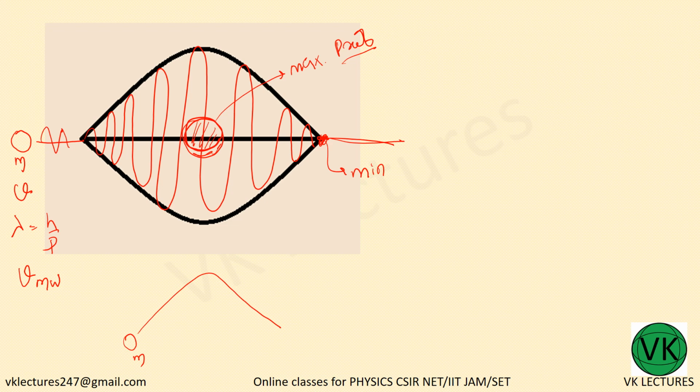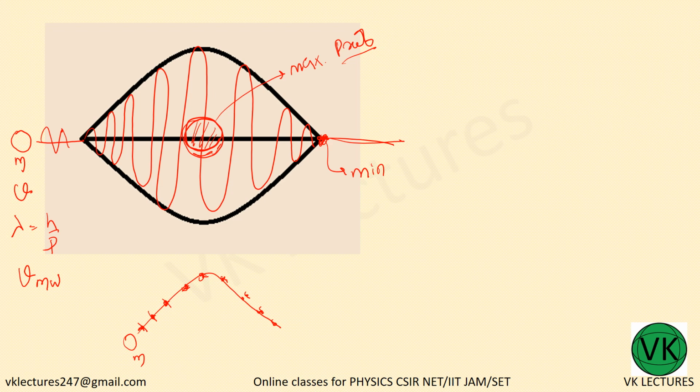Because at each point you can actually see the particle motion. What do you mean by actually see? When it reaches these points, you are actually seeing the particle, which means it is constructively interfering at all these points.